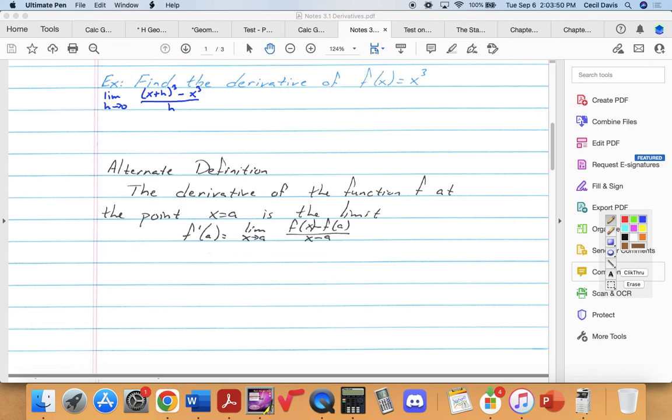Every derivative that you ever do will start off as an indeterminate form for the limit every single time. And it's always a 0 over 0. So we've got to do something to make it to where it's not 0 over 0 so that we can evaluate this. So with polynomials, what we typically do is we just expand that.